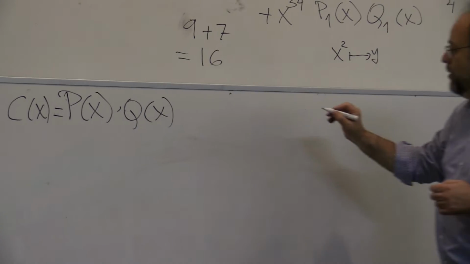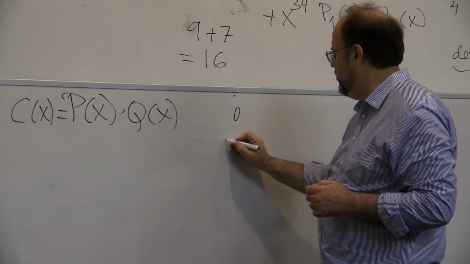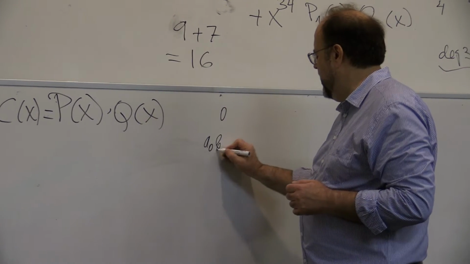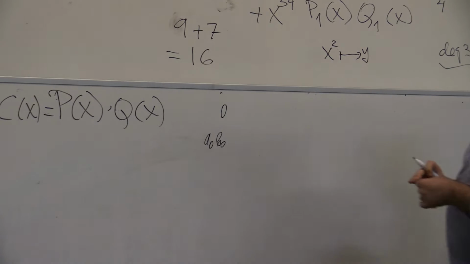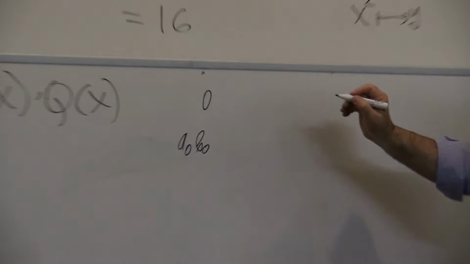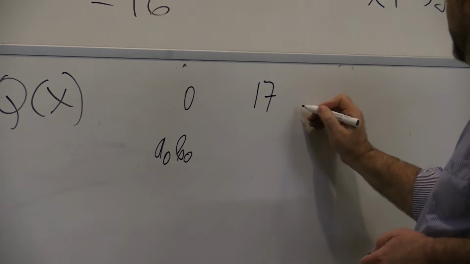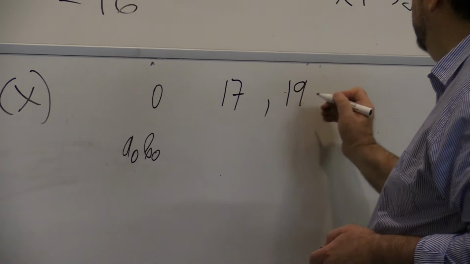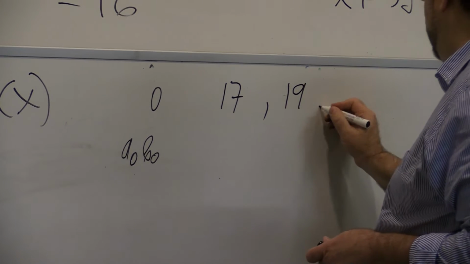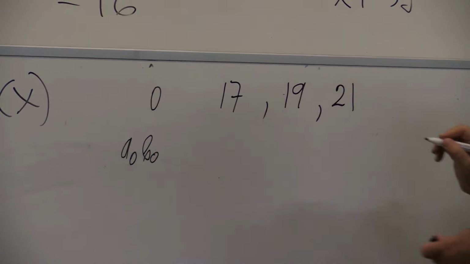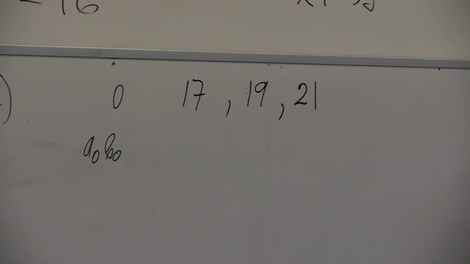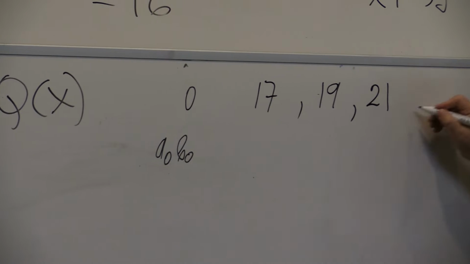Well, we have power 0, which is just a0 b0, right? Then we will have 17, 19, and 21, right? And 23.